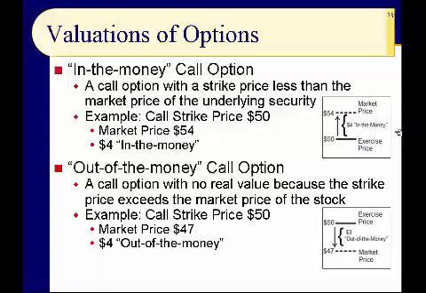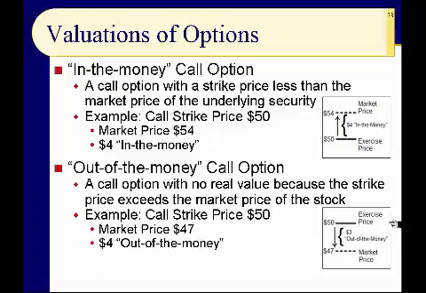Does that make sense? We can buy something that is currently selling for $54. We can buy it for $50, so our option is in the money. It makes sense for us to exercise the option if we're interested in the stock. If we're not, we just turn around and sell the option to somebody else.